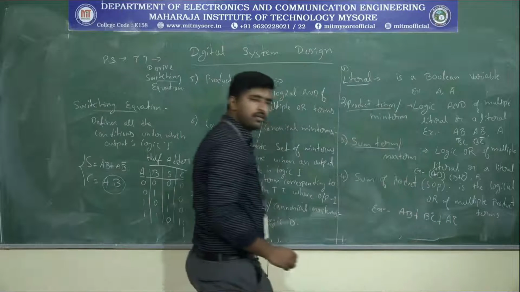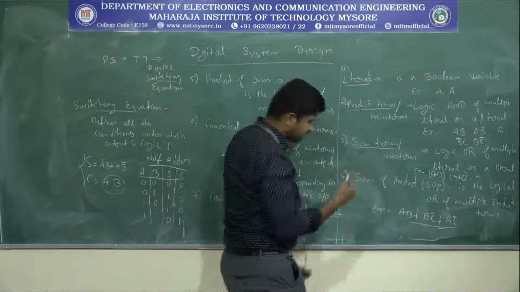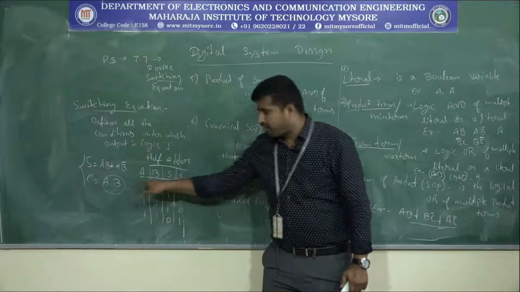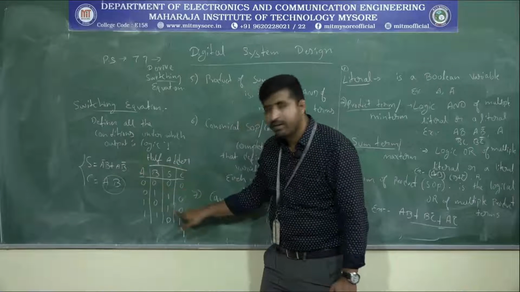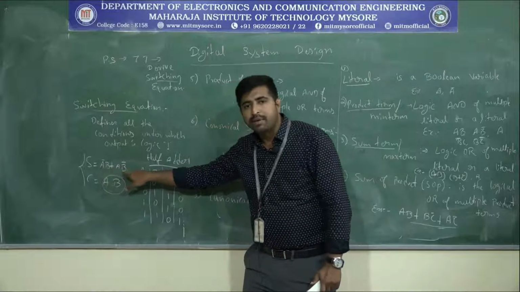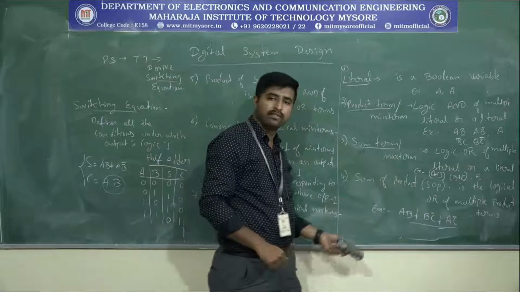Another good example is the expression we have written for the half adder, which is a sum of product: A bar B plus A B bar. This is a half adder.